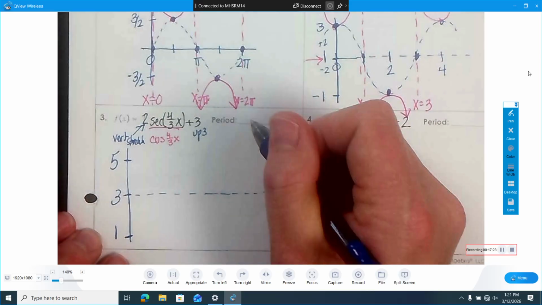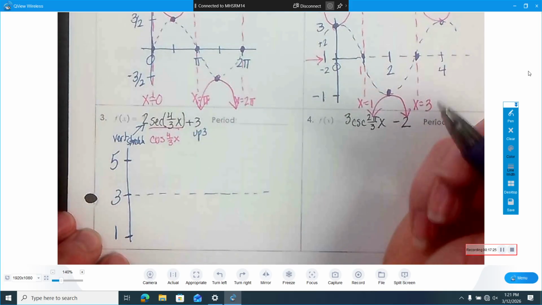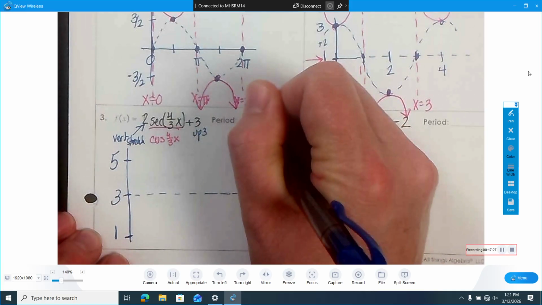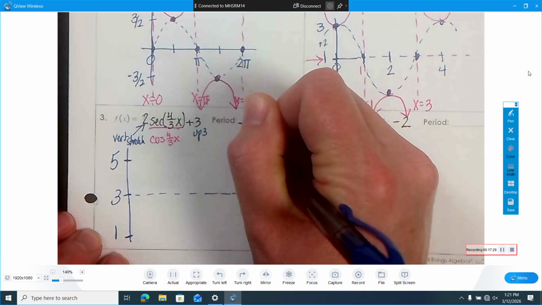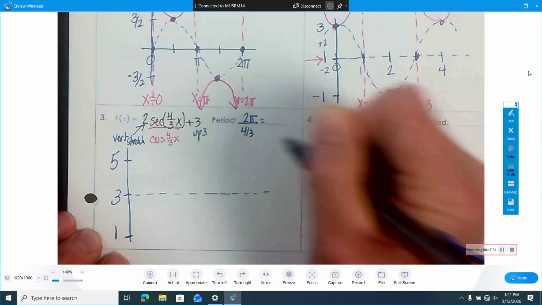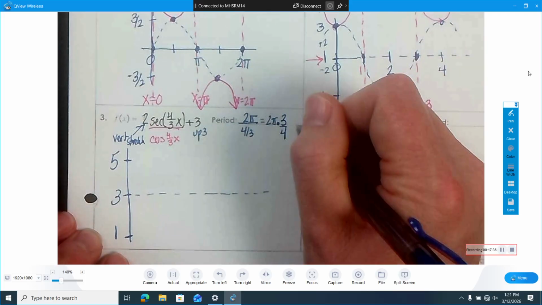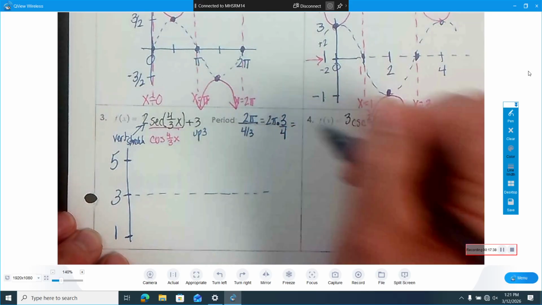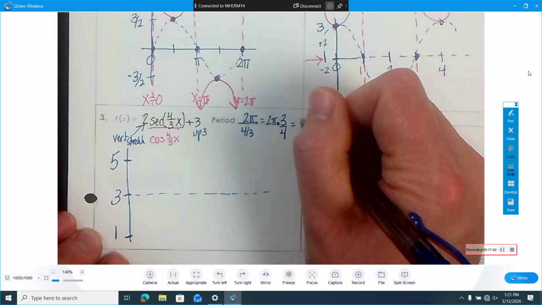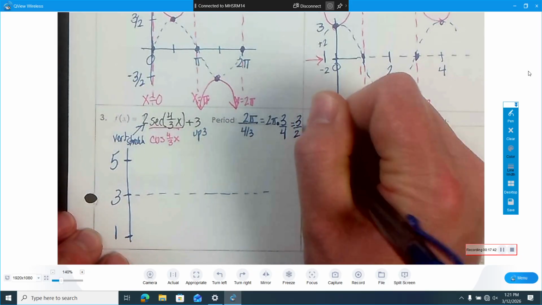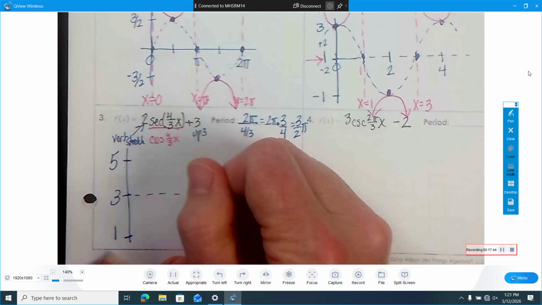And I need to know my period. So how do we find the period? 2 pi over? 4/3. All right, and I don't like to divide, so that's going to become 2 pi times 3/4, which is 3/2 pi. 3 pi over 2.